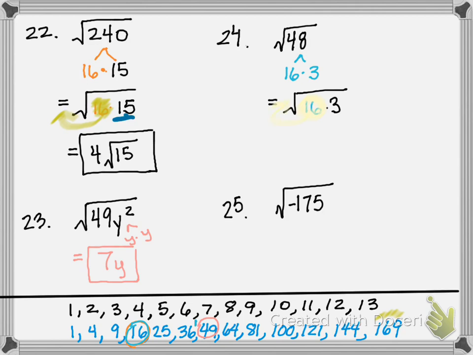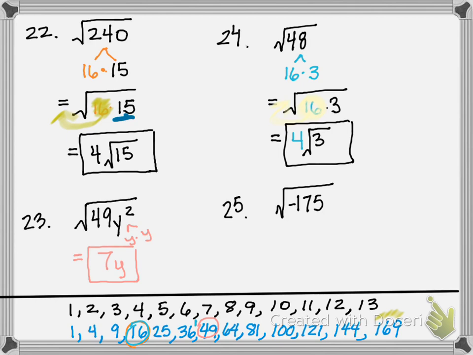But if it comes out, it has to be square rooted. So the square root of 16 is 4. So 16 will come out as a 4. But the 3, I can't square root it, so it's going to stay inside the radical, inside our house. So we have 4 square roots of 3, and it is simplified.